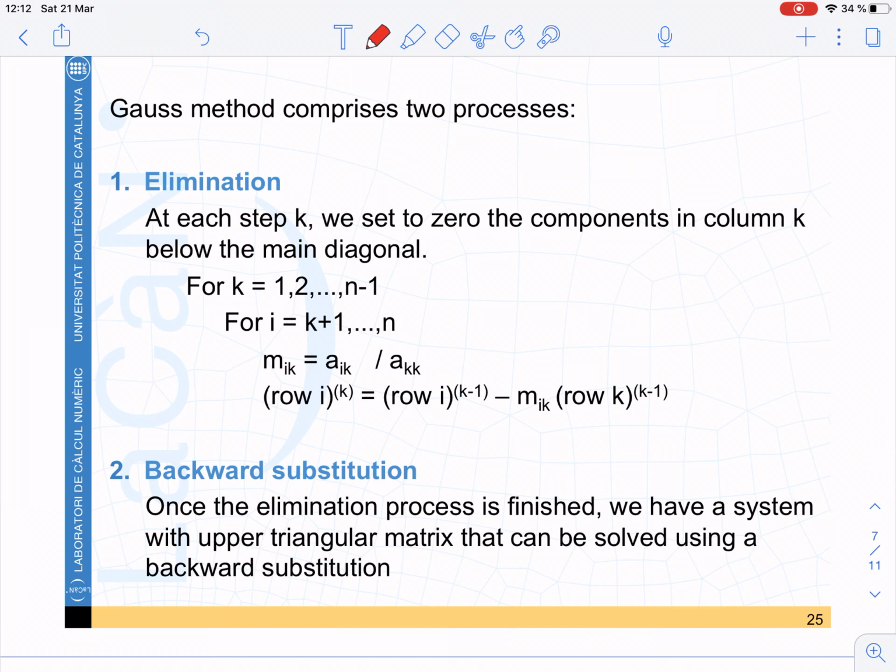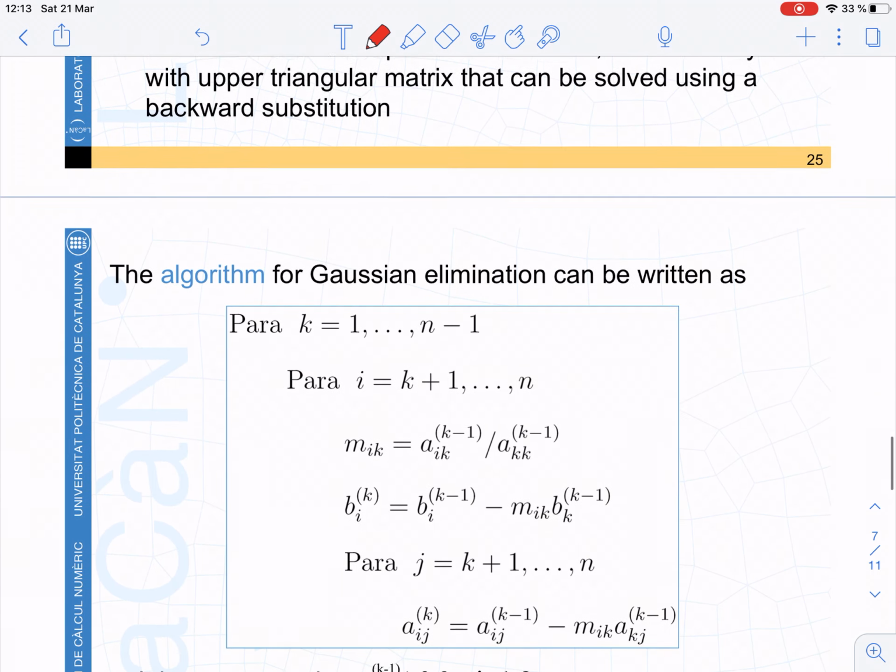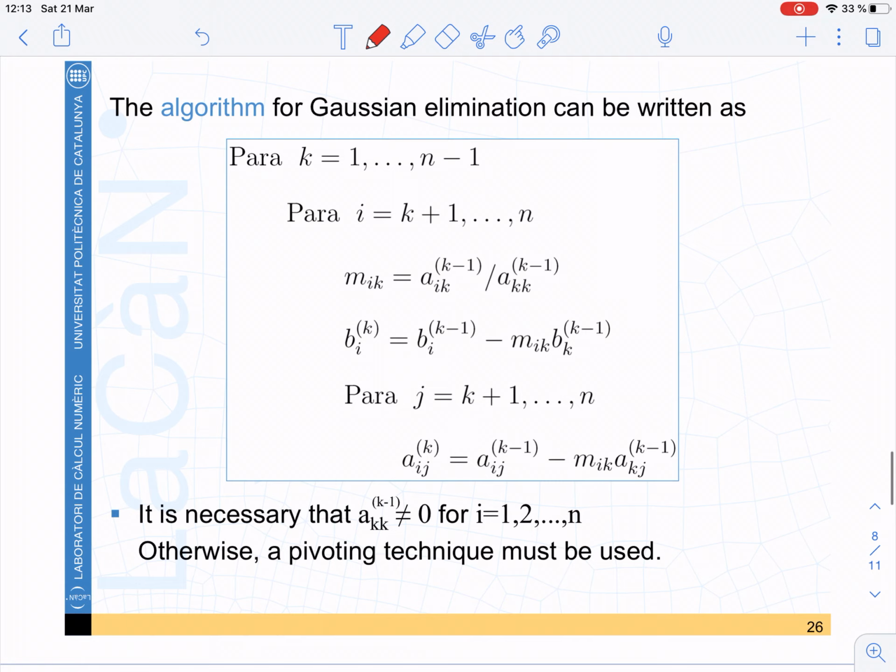So let us recap. Gauss method comprises two stages. First elimination and then back substitution. It is a very systematic process that can be summarized in the following algorithms.